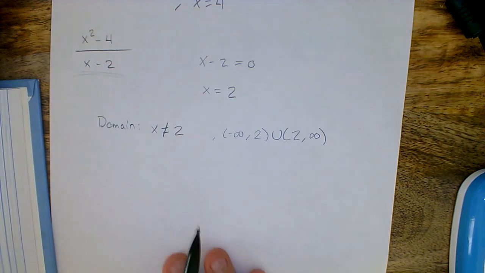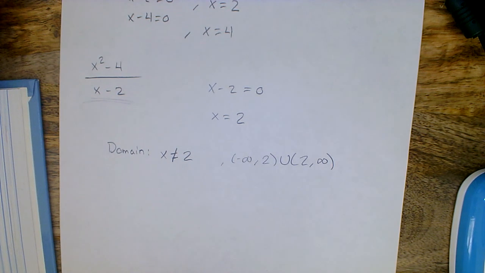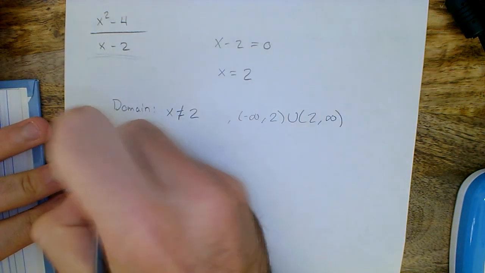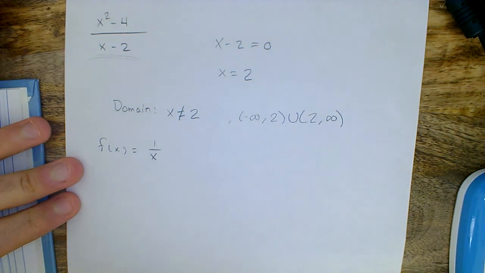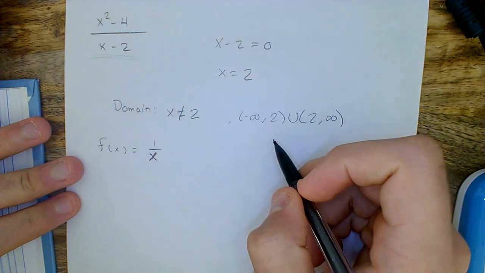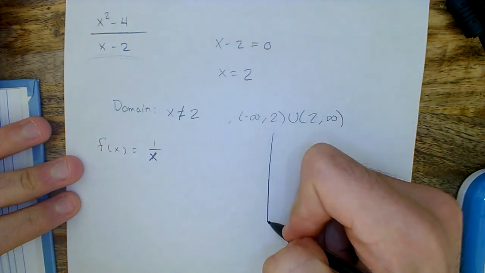Okay, so a vertical asymptote is what I want to introduce next. A vertical asymptote is when, I'll show you an example of it first. So the function f of x equals 1 over x. I'm going to draw this graph.